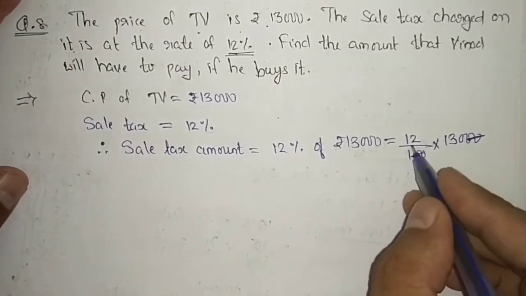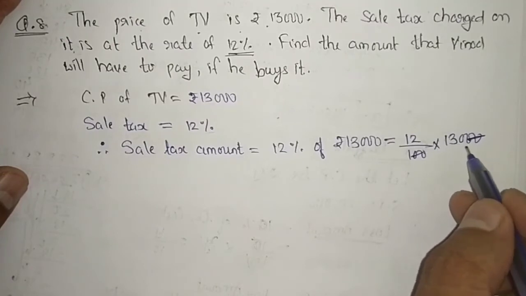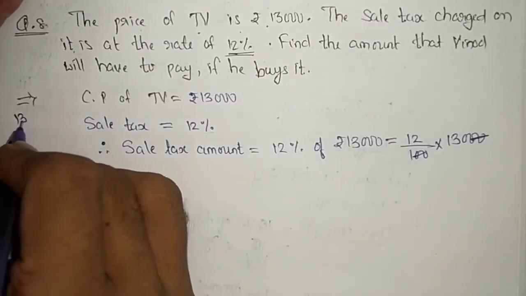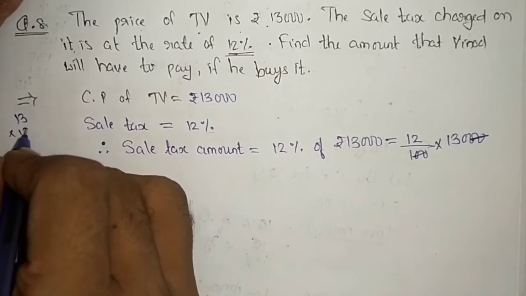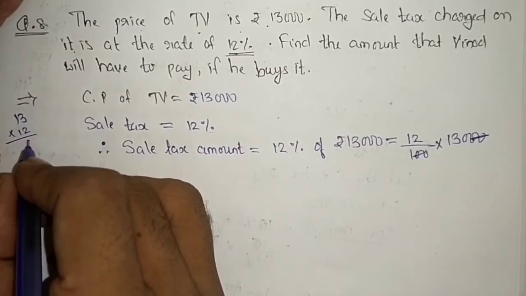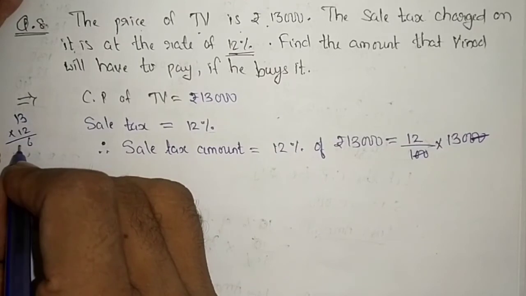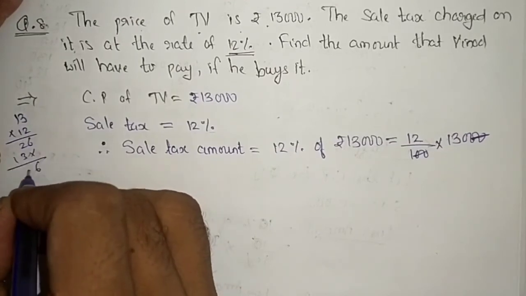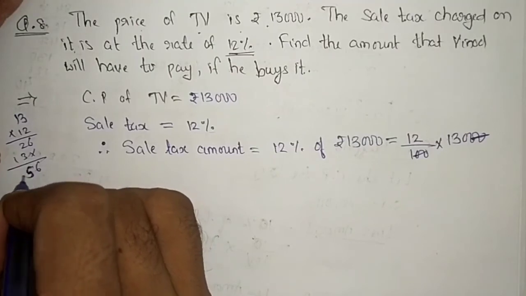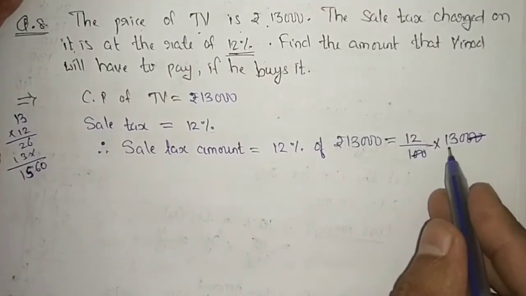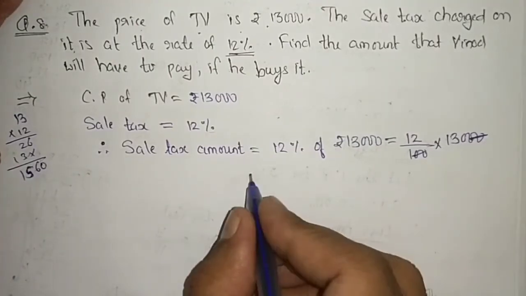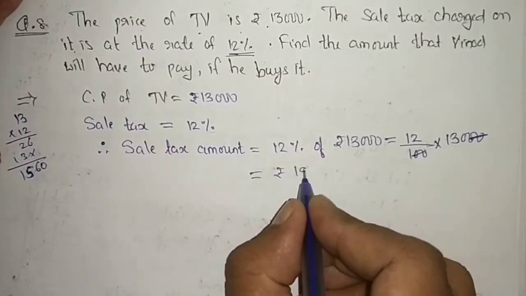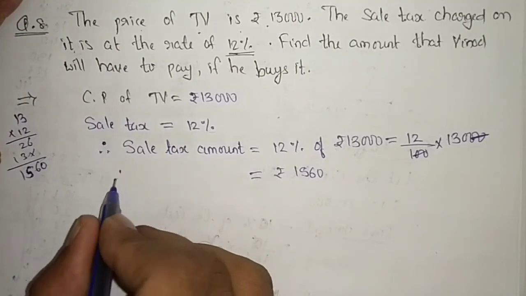Now 13 into 12, that is, 130 into 12 we are supposed to find. So I will multiply over here. 13 into 12: 2 3s are 6, 2 1s are 2, 1 3s are 3, 1 1s are 1, so 156, and then the 0, that is 1560. So we will get our sales tax amount as rupees 1,560.